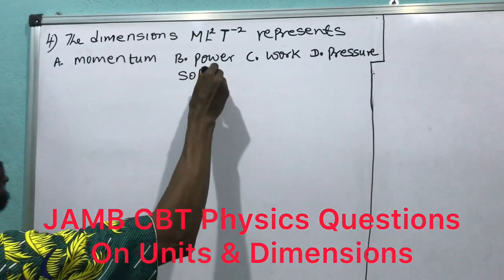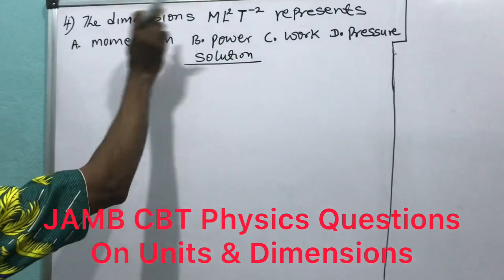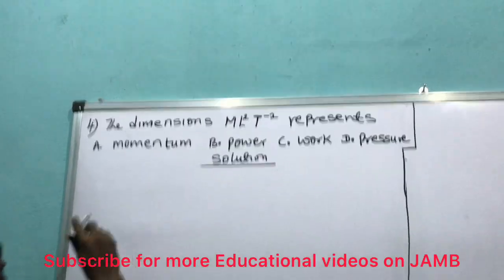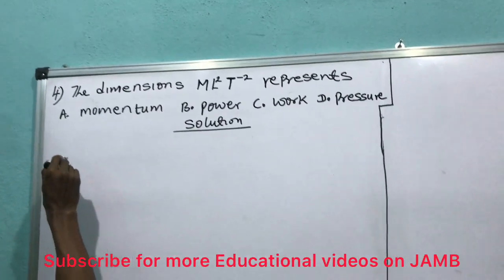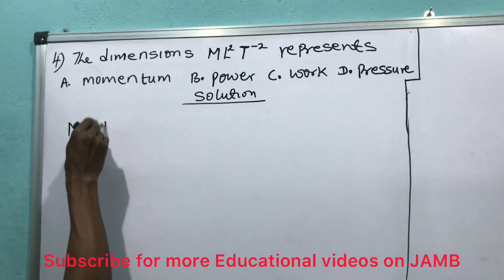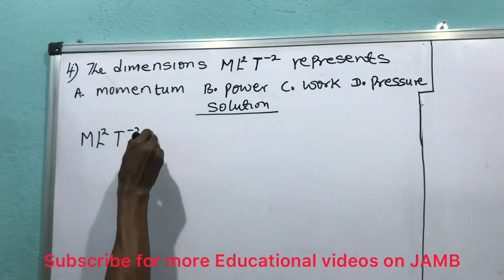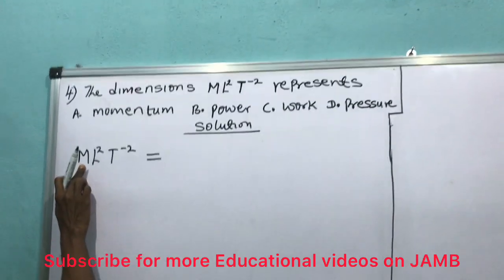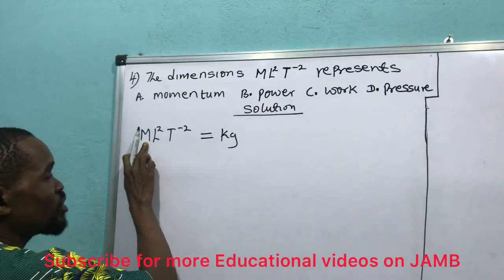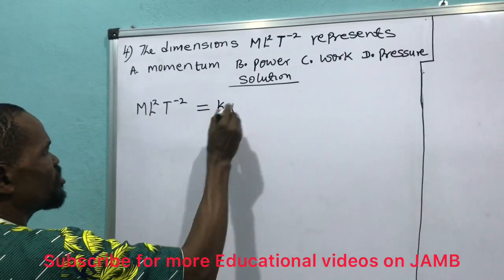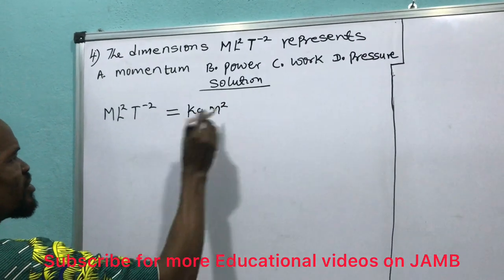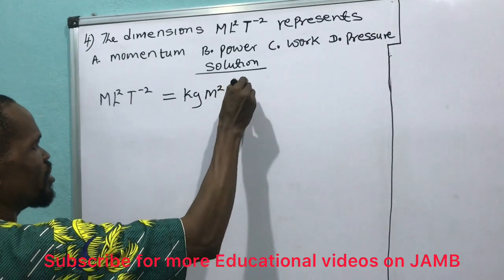We'll come to solution. From this dimension, I'll get the unit, and from the unit, we'll get the definition. We have M L squared T to the power minus 2. This is the unit of kilogram, meter, and seconds.